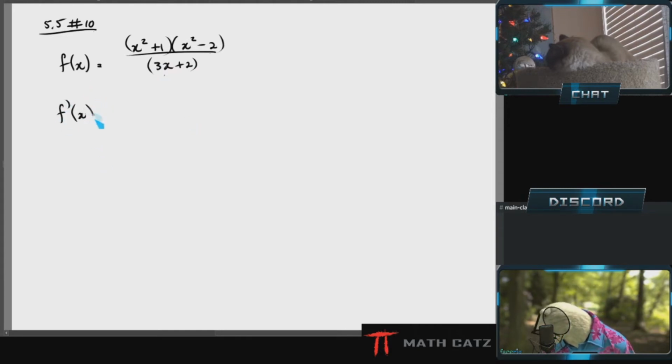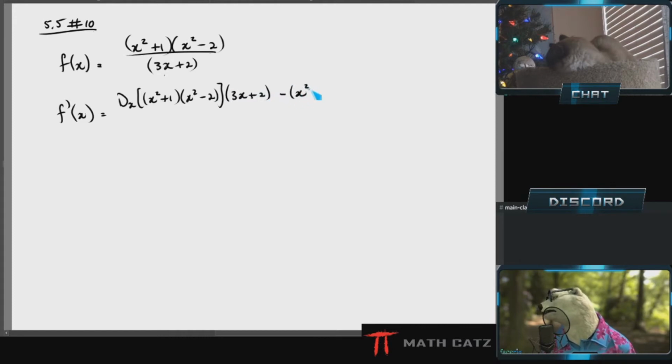The derivative is going to be a quotient rule first. Usually I do the bottom first, but it doesn't matter. I'm going to write it out just in case there's someone watching that is not quite sure what's happening. Derivative of the top times the bottom. It doesn't matter what the top and bottom are.